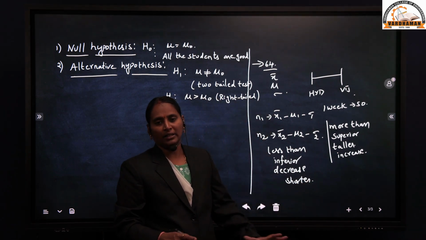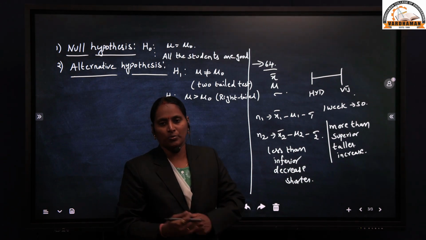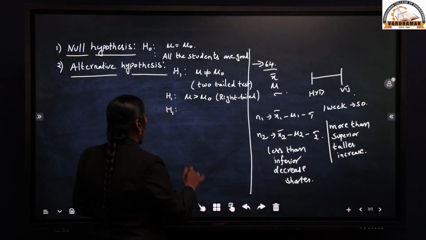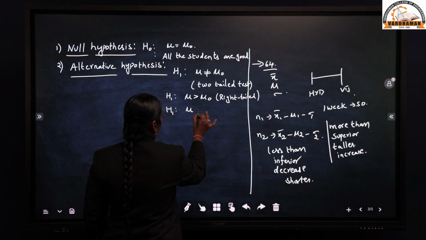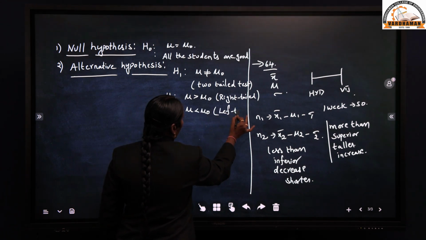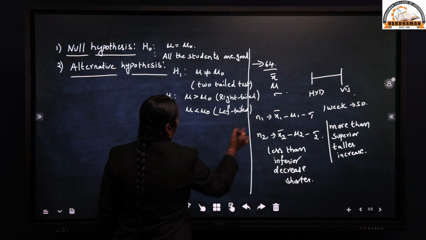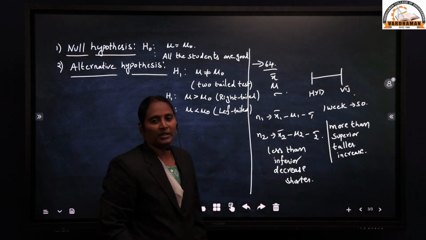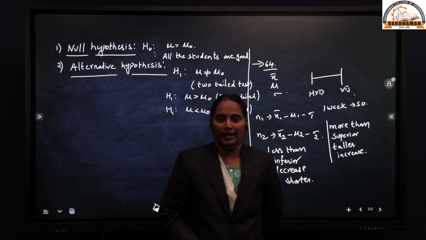If these terms are there in the given problem, and in future it is going to decrease, then you write H1: mu less than mu naught. If it is mu less than mu naught, then the type of the test is a left-tail test.